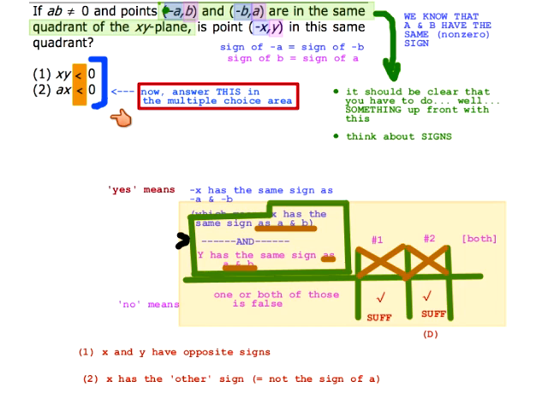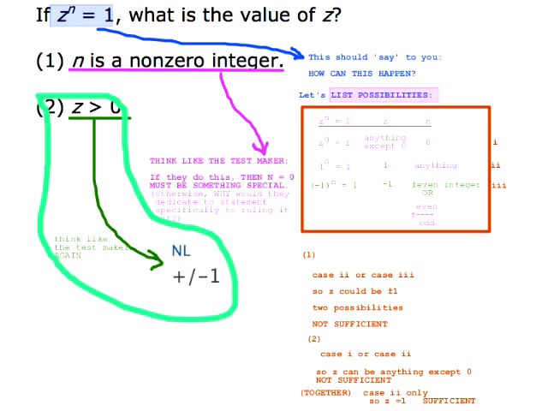And again, when you do that, you're gaining the most valuable insight, which is this whole think like the test maker thing. Because the value of that just cannot be overstated. When you look at something like this problem right here, once you do that a couple of times, you will look at things like this and you will totally know what the deal is right away.